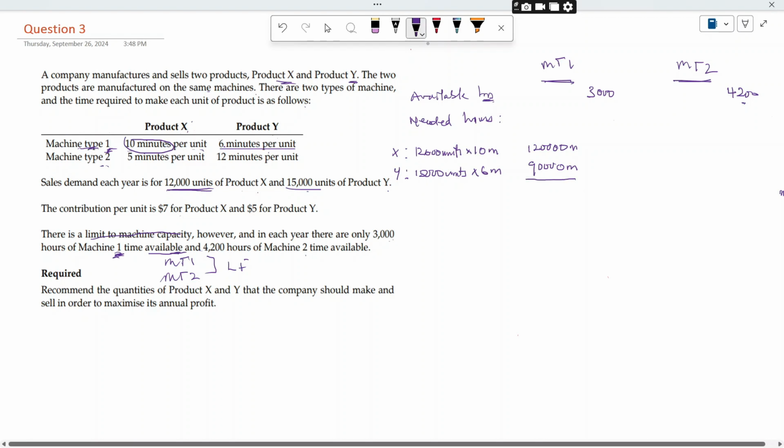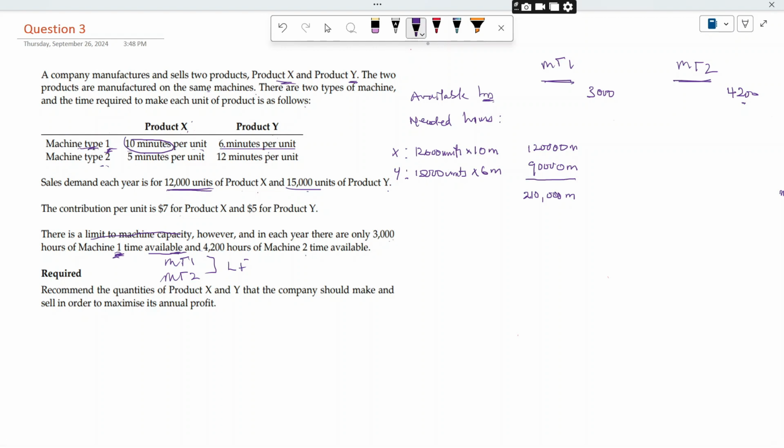So we have to add these two to get 210,000 minutes. And we need to convert 210,000 minutes into hours before we can compare.